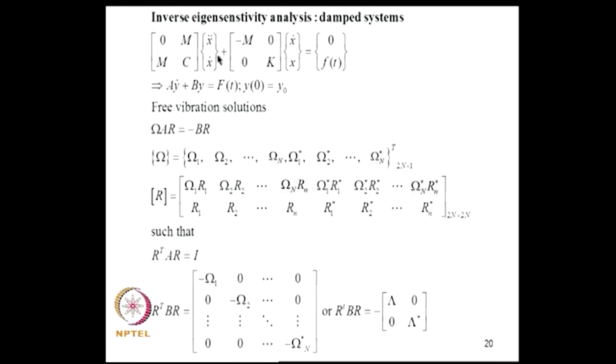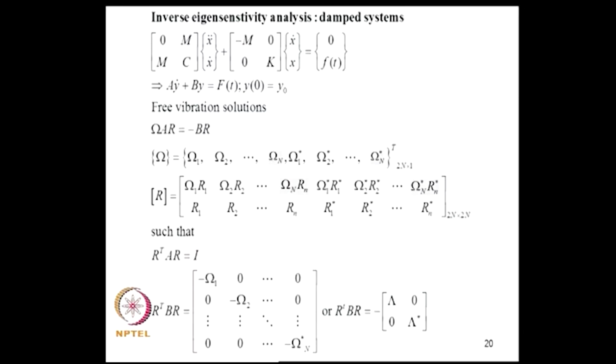If we consider the equation of motion in this form, A y dot plus B y equal to f of t, A and B are the new structural matrices; they no longer have the direct interpretation of being either mass or damping matrices. A has in fact M and C, B has M and K, and so on. Now the free vibration solution will be A y dot plus B y equal to 0. That is again a set of constant coefficient linear homogeneous differential equations.